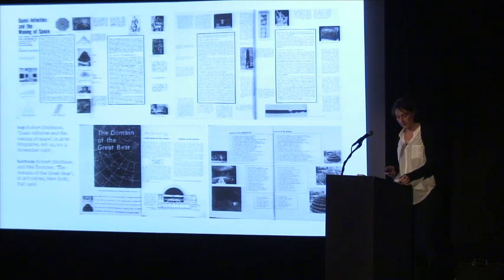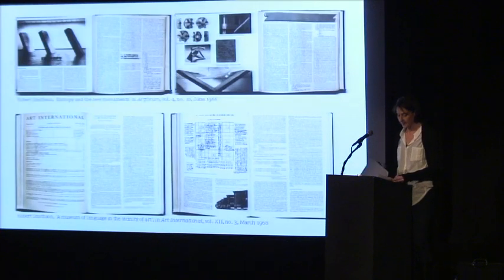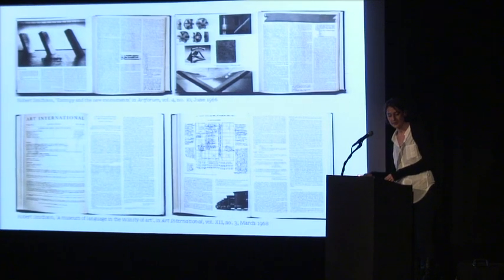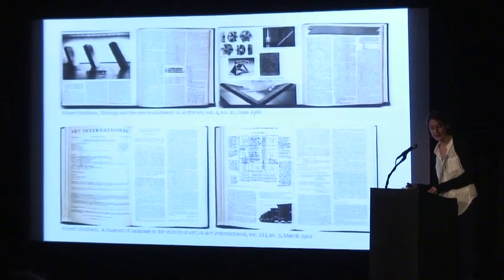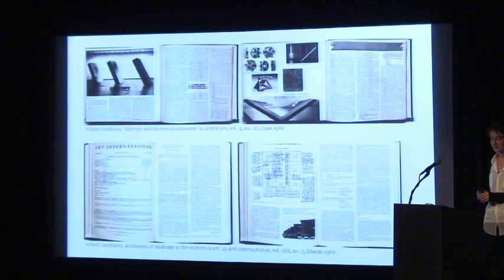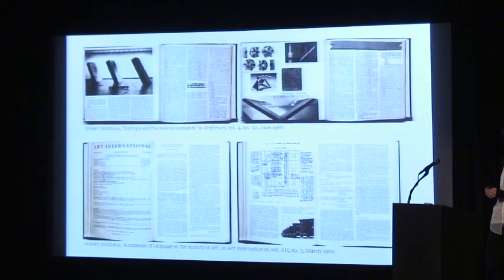With Smithson's published magazine works, it's interesting that they sometimes follow the house style of the magazine, as here with his articles Entropy and the New Monuments, published in Art Forum at the top, and A Museum of Language in the Vicinity of Art, published in Art International at the bottom.